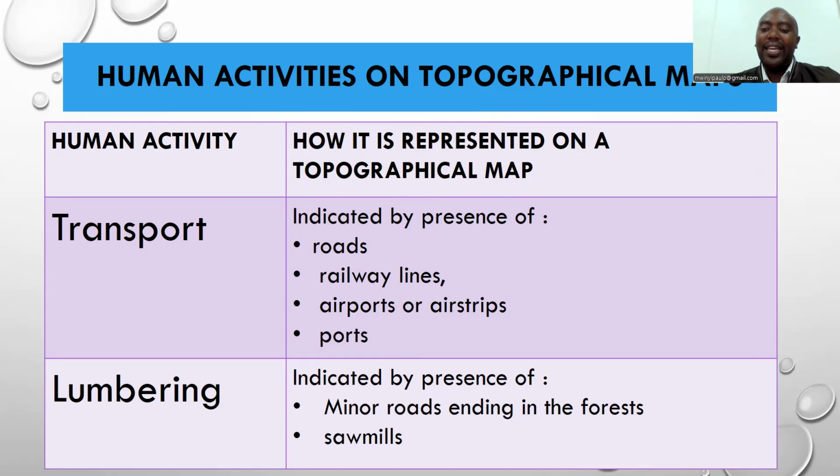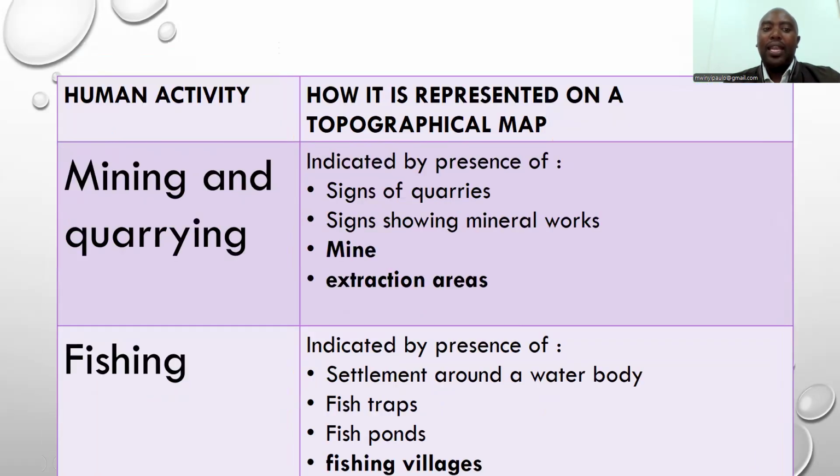Minor roads ending in the forests. Another representation of lumbering is the presence of sawmills. So when you see a sawmill on a topographical map, it's a clear indication that in that particular area there is the human activity of lumbering.